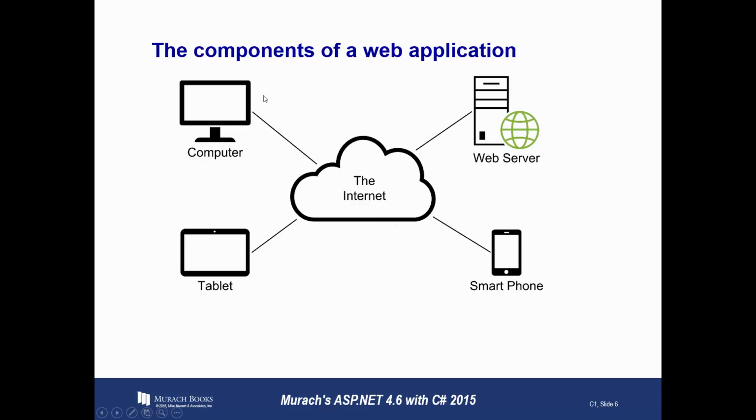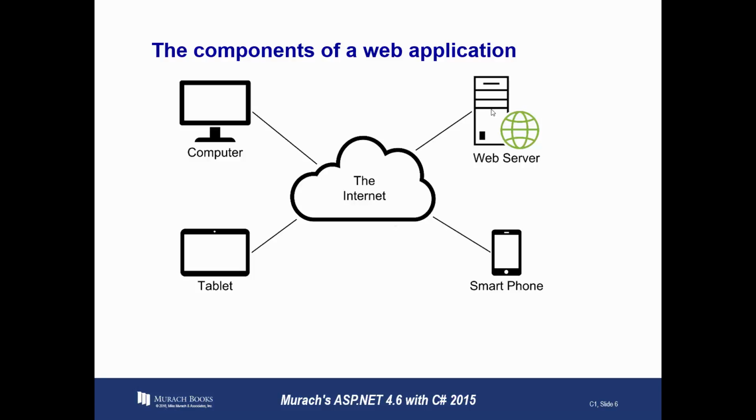So you've got any one of these three clients, as we'll refer to them, a desktop or laptop computer, a tablet, or a smartphone, making requests over the internet. Those requests are eventually going to be handled by some kind of a web server somewhere.